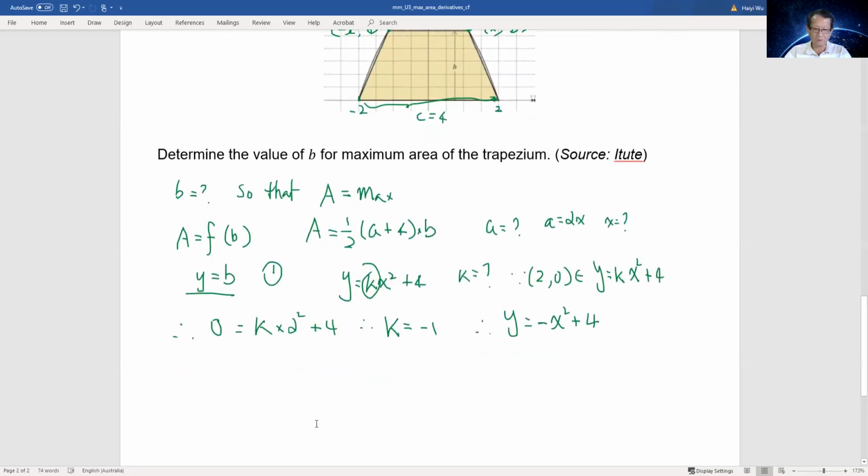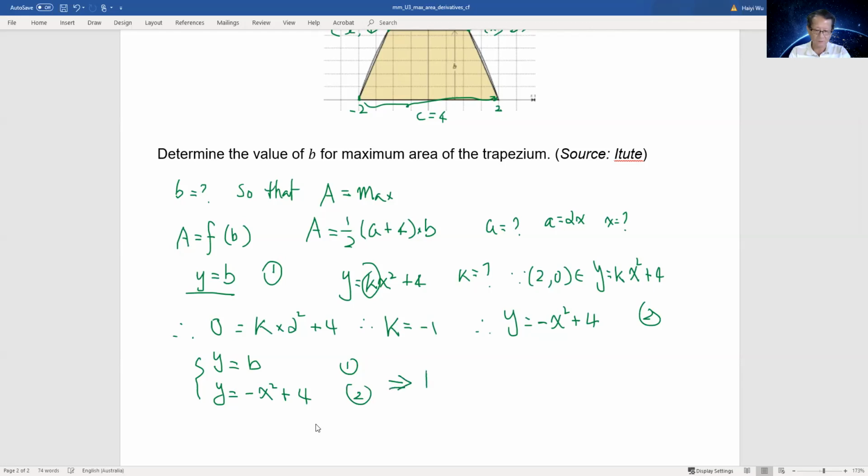Now we join those two. This is what we call equation number 2. We put 1 and 2 together, y equals b and y equals negative x squared plus 4, and solve them as simultaneous equations by the substitution method.